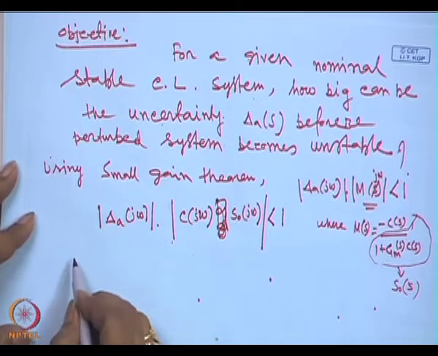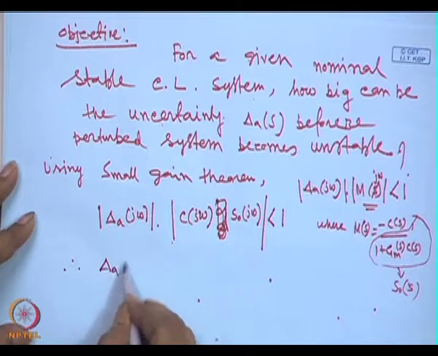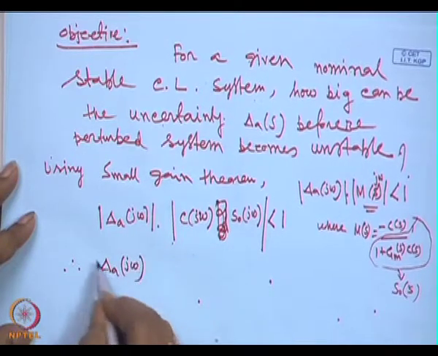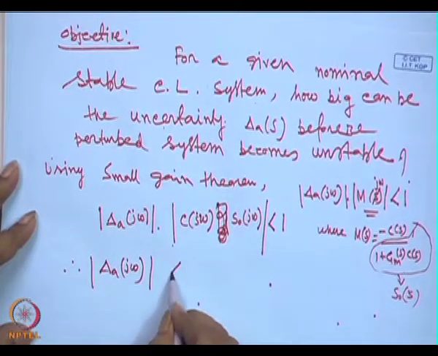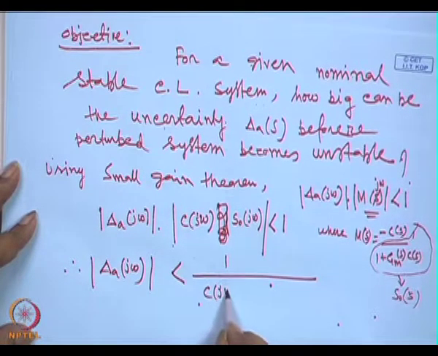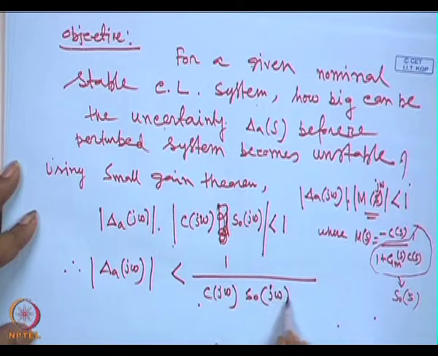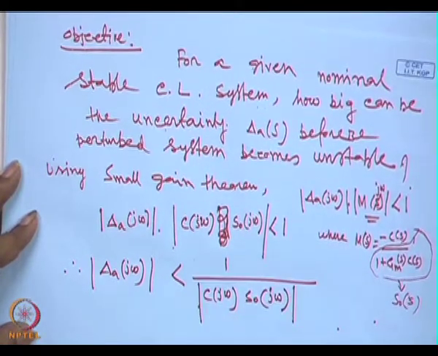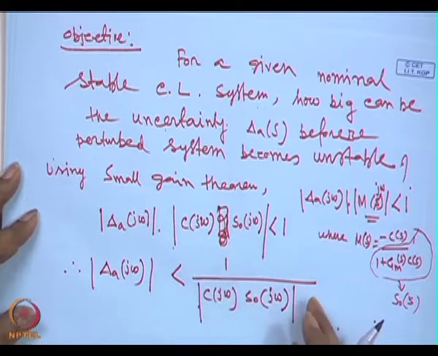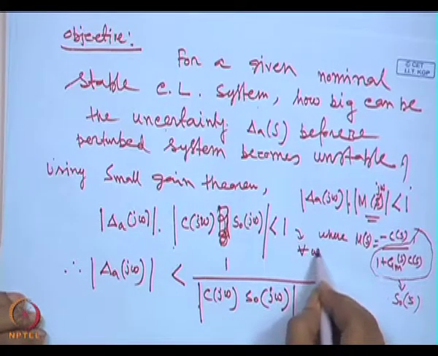Therefore, the upper bound of this perturbation, mod delta A g(j omega), should be less than or equal to 1 by mod C(j omega) S0(j omega). This must hold for all frequencies omega.